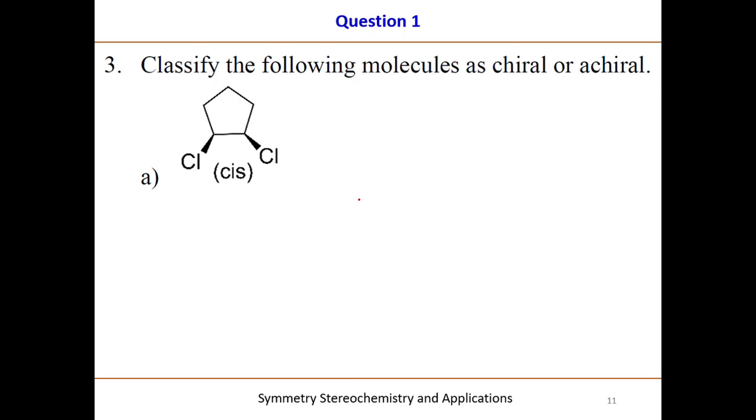A chiral molecule is one which has no symmetry element present in it. Means no plane of symmetry, no center of symmetry or any other symmetry element.